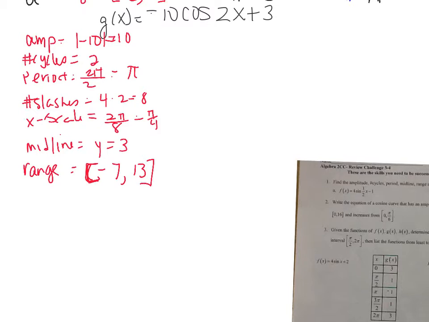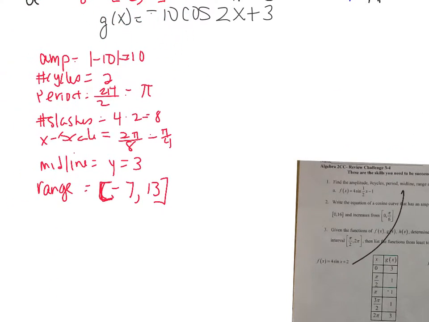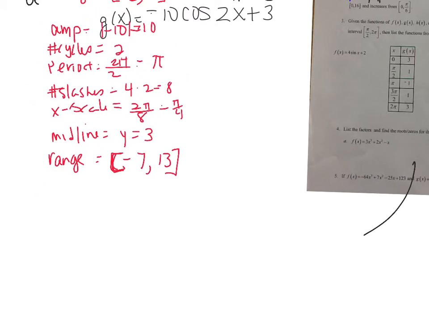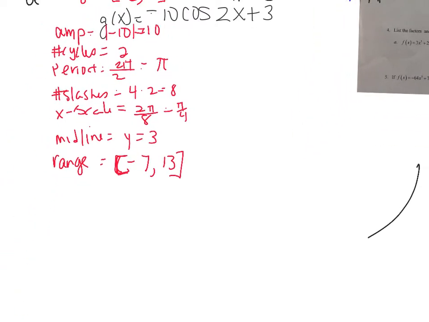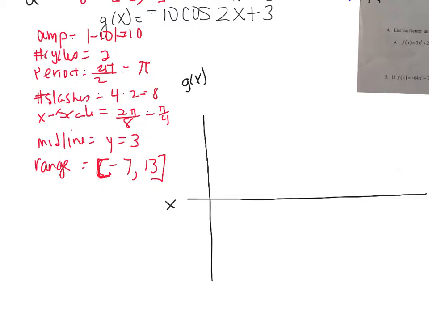All right, so now let's graph this. Okay, so let me draw my axes. This is g of x, and we have x here. And my midline is at 3.